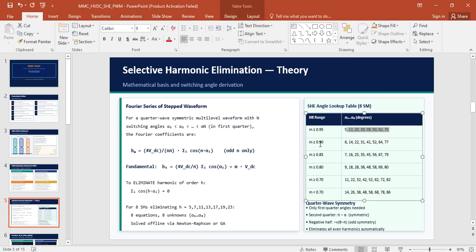If you have m equal to or greater than 0.9, you need to follow this. So selective harmonic elimination is modulation index dependent. If we keep the same angles for different modulation indices, then our result will be unexpected.